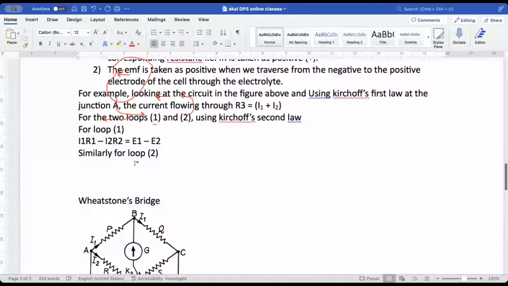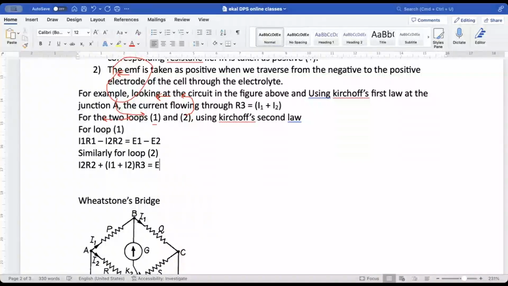So this will be written as I2 R2 plus we have currents I1 plus I2 into R3.